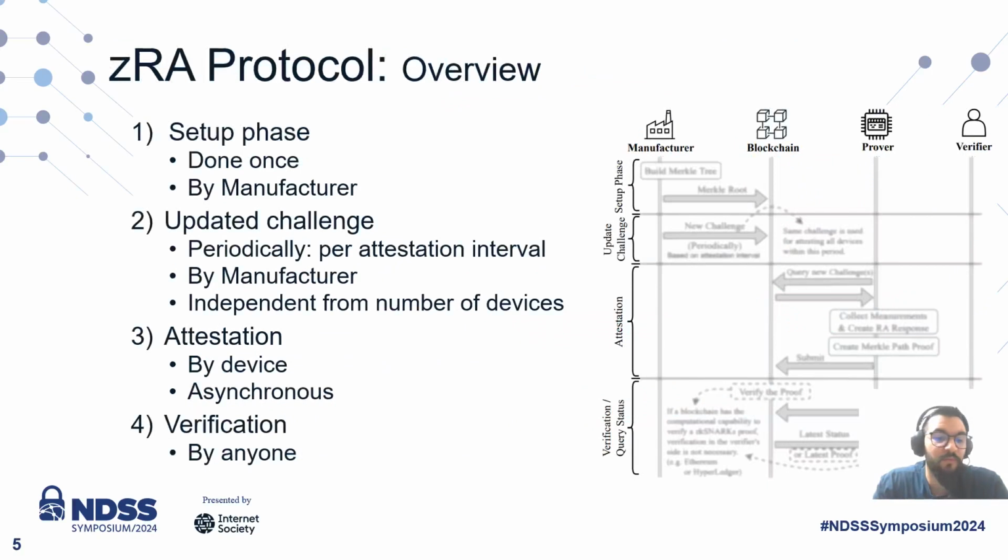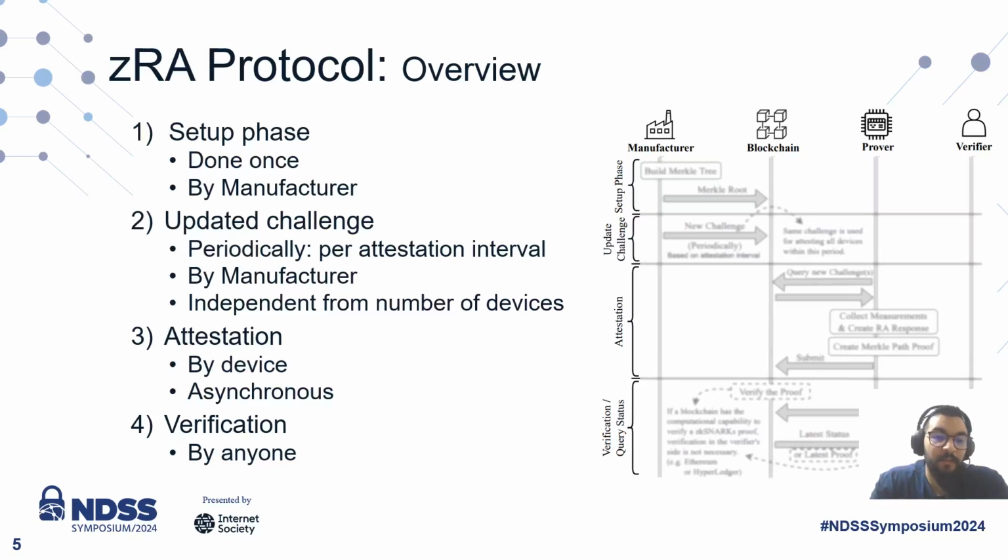We call the protocol Zira due to the fact that it uses zkSNARKs for remote attestation, and the protocol follows 4 phases. The first phase is the setup phase that is only done once and is done by the manufacturer. The second phase is the update challenge phase that is done periodically. The manufacturer broadcasts some global challenges.